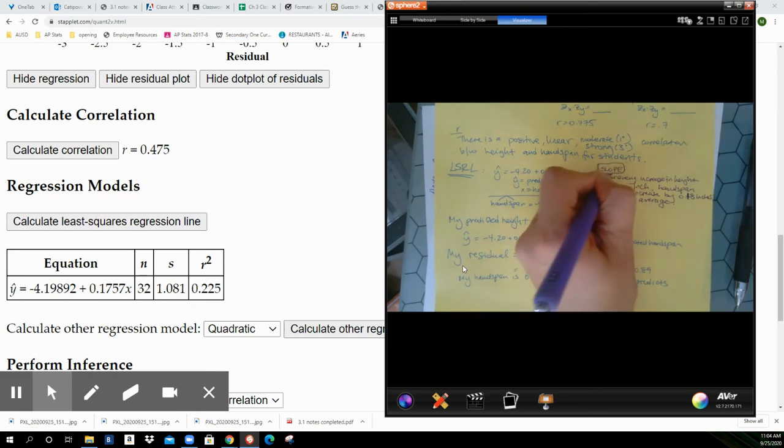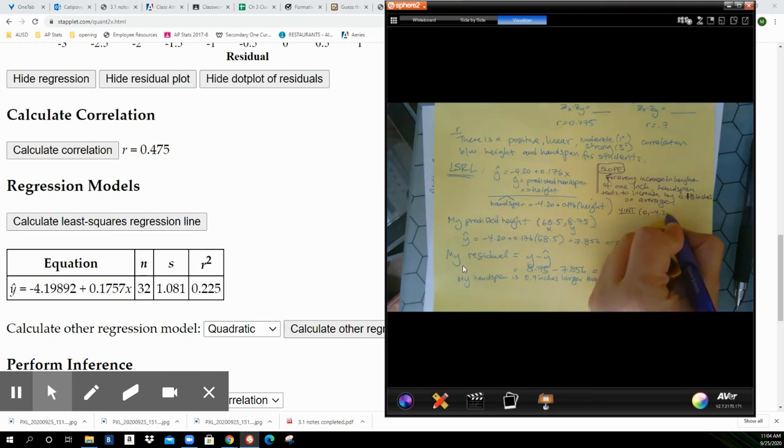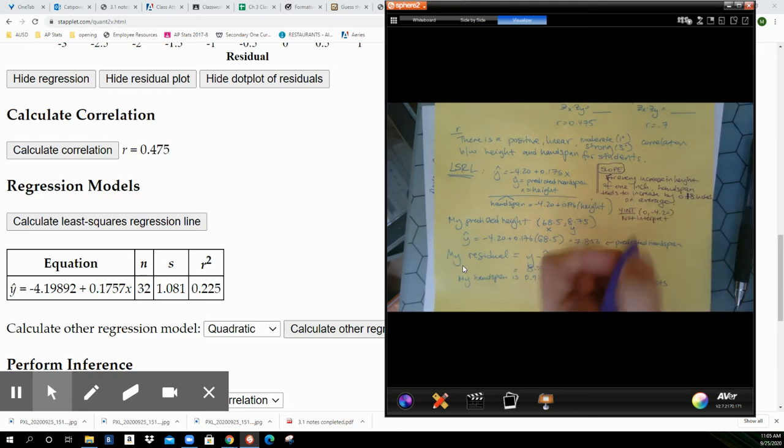So I'm interpreting slope, and we have decided that the y-intercept, which is the point 0, negative 4.2, is utter nonsense. This is a person who has no height whatsoever and their handspan's negative 4 inches. We're going to not interpret this because the numbers don't make sense. And the reason they don't make sense is this is extrapolation.